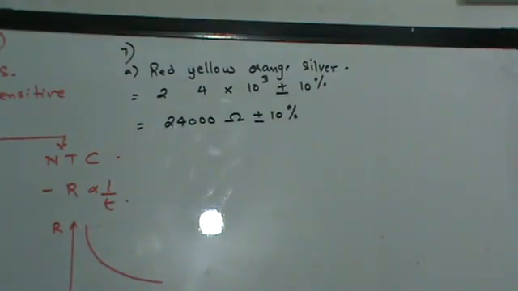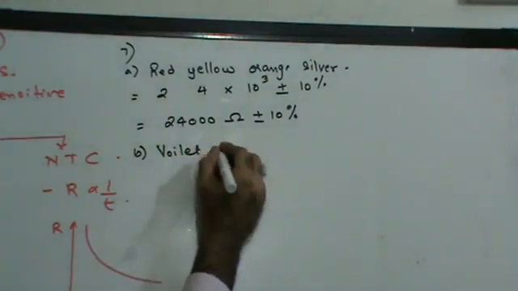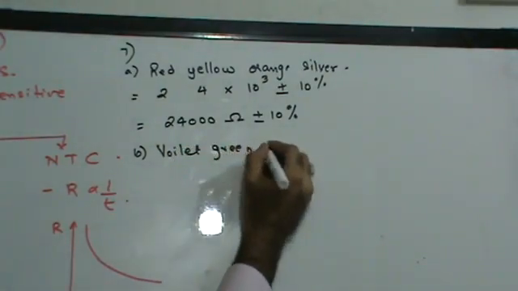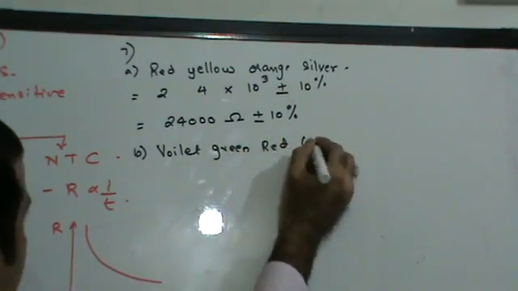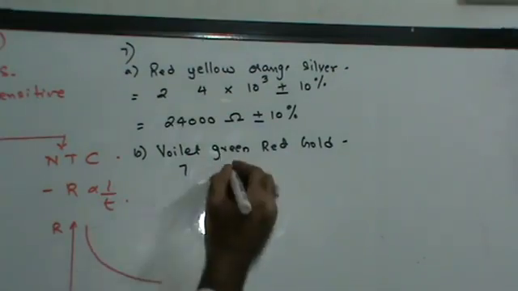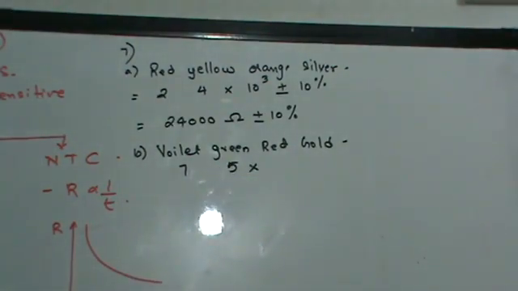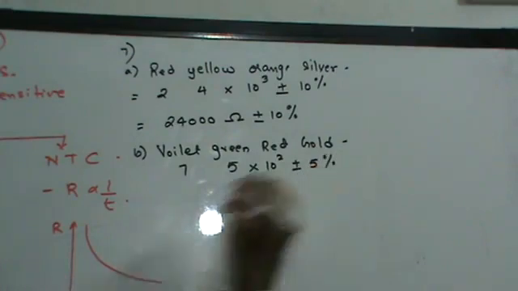I'll show you another. Suppose I have violet, green, red and gold, right? Violet value is 7, green value is 5. The third band is the multiplier band, and red is 10 raised to 2, gold is plus minus 5%.